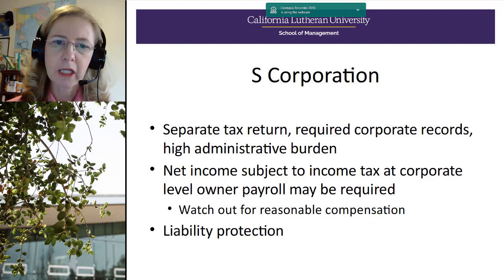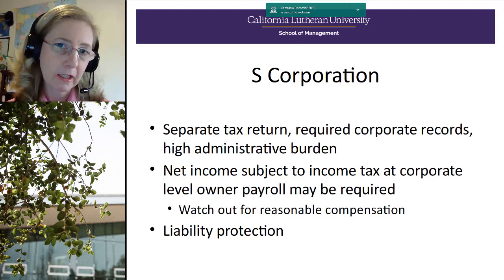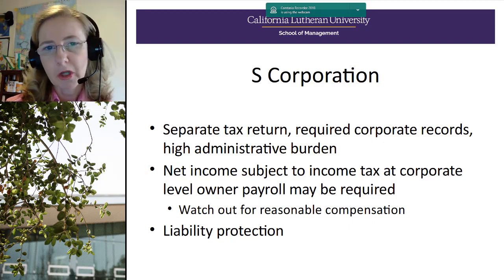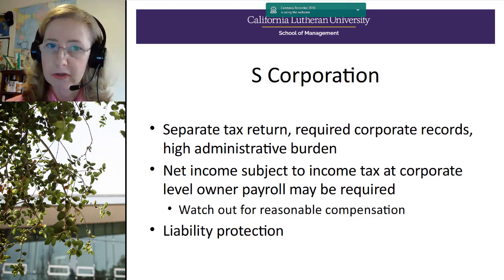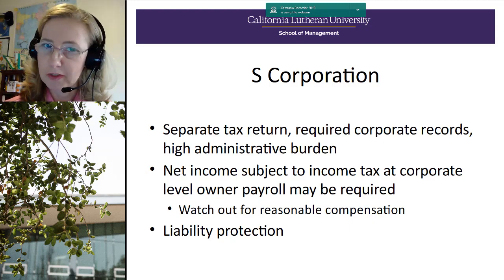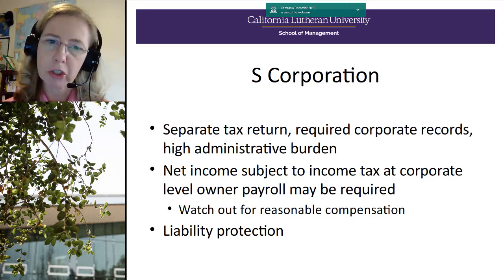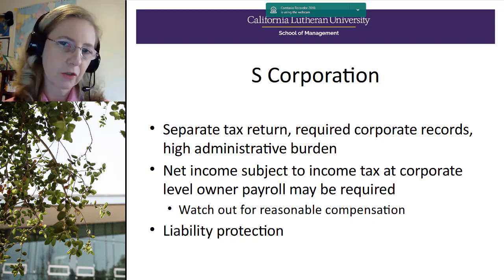In addition, the S corporation has a little bit better tax attributes, but that also comes with some extra administrative burden. S corporation owners who work in the business are required to pay themselves reasonable compensation. If you're an LLC member or a partnership partner, if you are taking compensation from the partnership, that's all figured on the K-1.